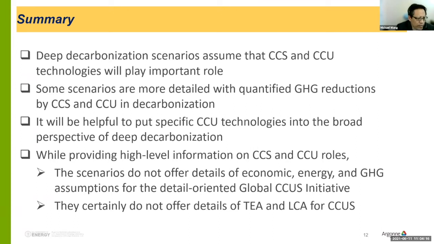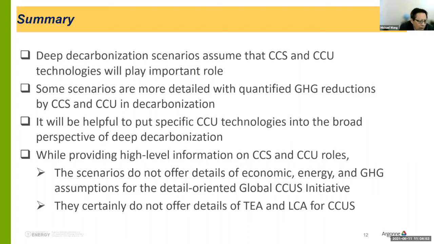Some scenarios are more detailed with quantified GHG reductions by CCS and CCU. For example, the shale scale scenarios, you have your specific gigaton reductions from CCS. It will be helpful, in our opinion, to put specific CCU technologies into the broad perspective of deep decarbonization scenarios as we summarize in this effort.